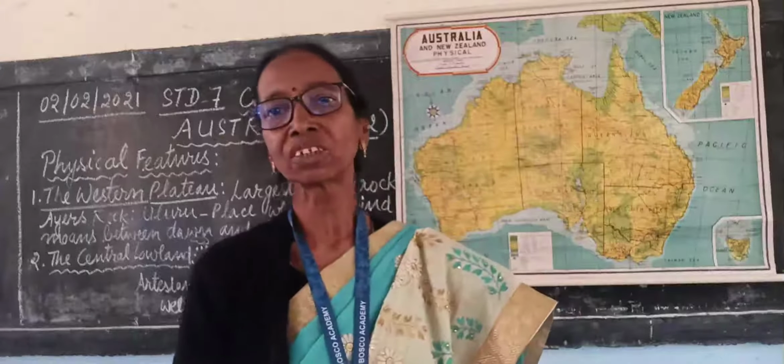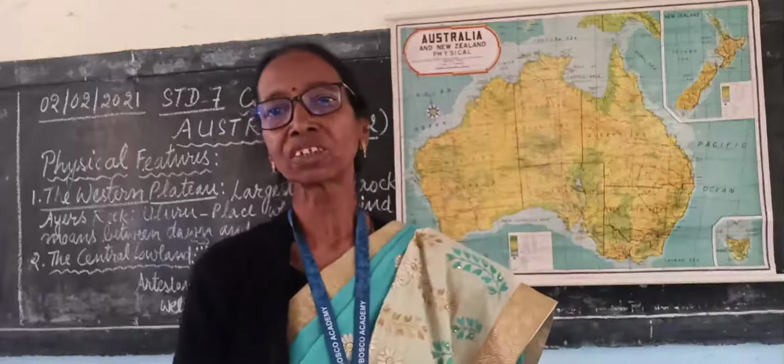But these are rich in many minerals like gold, iron ore, gypsum, copper, uranium, and lead. All these are found in this region. So, because of the minerals, these areas are very important.